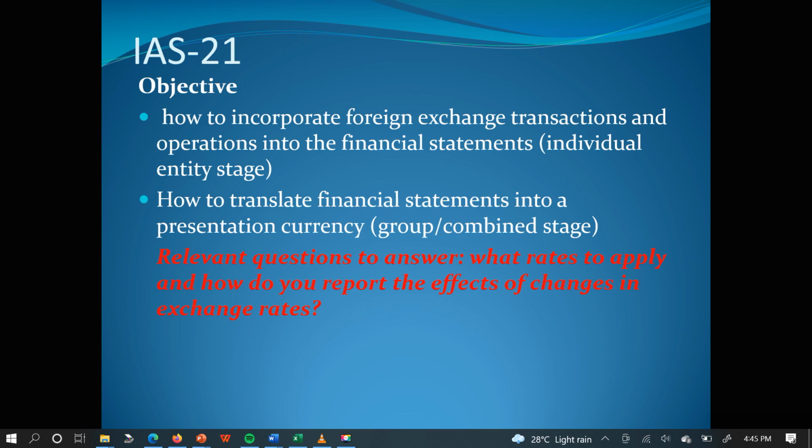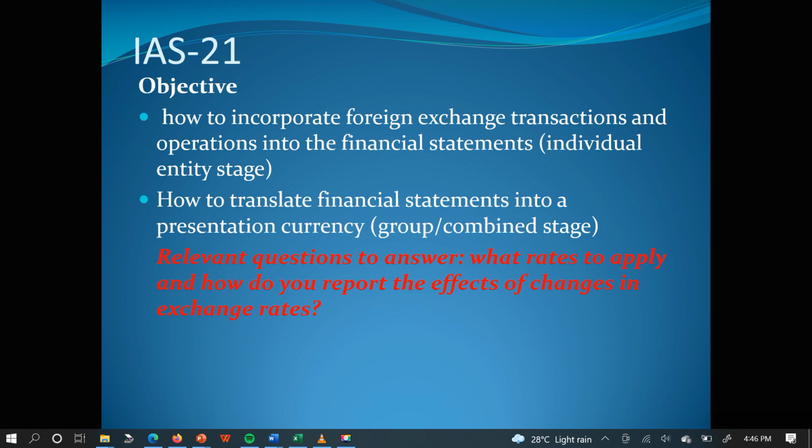Because you bought it from Europe. Europe is Euro, Ghana is cedi. So the IAS 21 then provide guidance on how to incorporate these transactions into the financial statement. Then the second objective is how to translate financial statement into presentation currency. Then we are thinking group. Now the relevant question to answer: what rates to apply and how do you report the effect of changes?